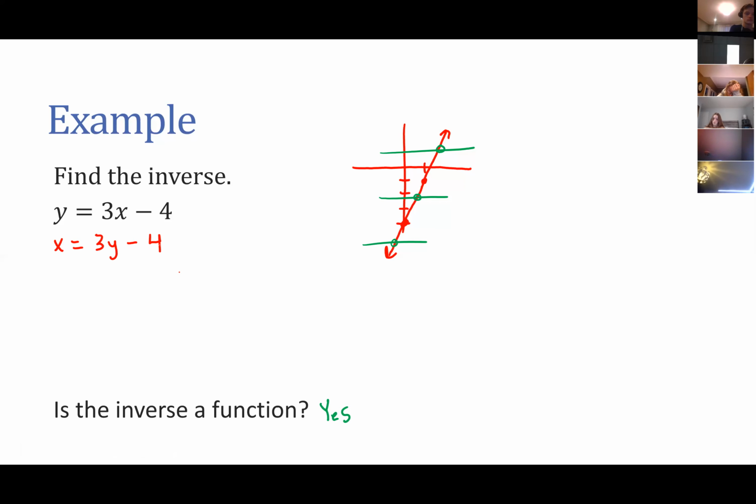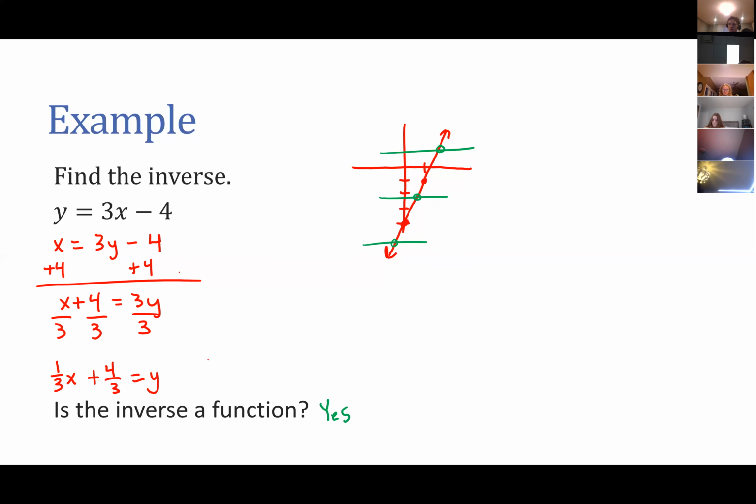So I'm going to add 4 to both sides. x plus 4 equals 3y. I'm going to divide everything by 3. x over 3, that's like 1/3 x plus 4/3 equals y. That's my inverse.